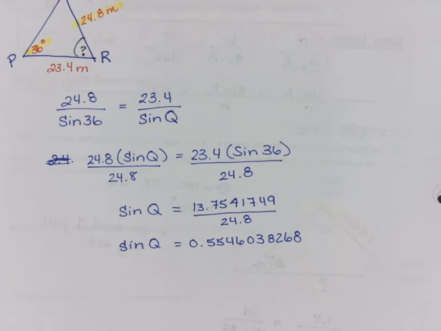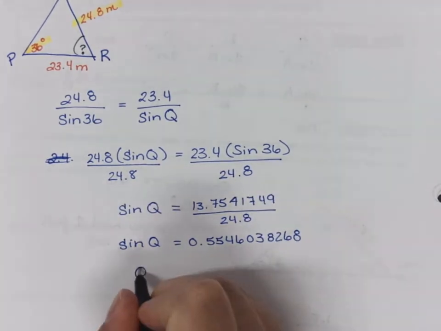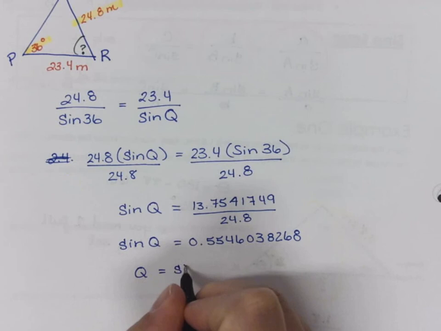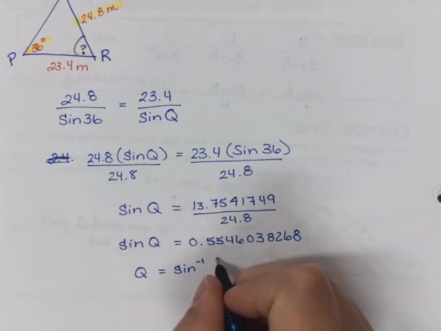How do we solve for an angle? We talked about this, it feels like a year ago now. You use that second function sine in your calculator, right? So the notation for that is sine to the -1.